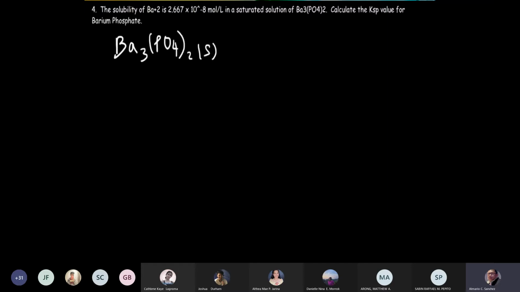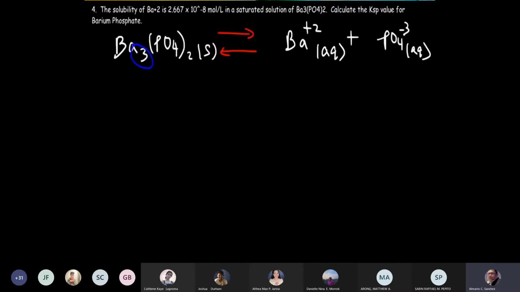Solid barium phosphate is going to ionize and form the barium plus 2 ion and also the phosphate ion. And looking at the subscripts, it's 3 and 2. So to balance it, we're going to use a 1 on the left, a 3 in front of barium, and a 2 in front of the phosphate ion.